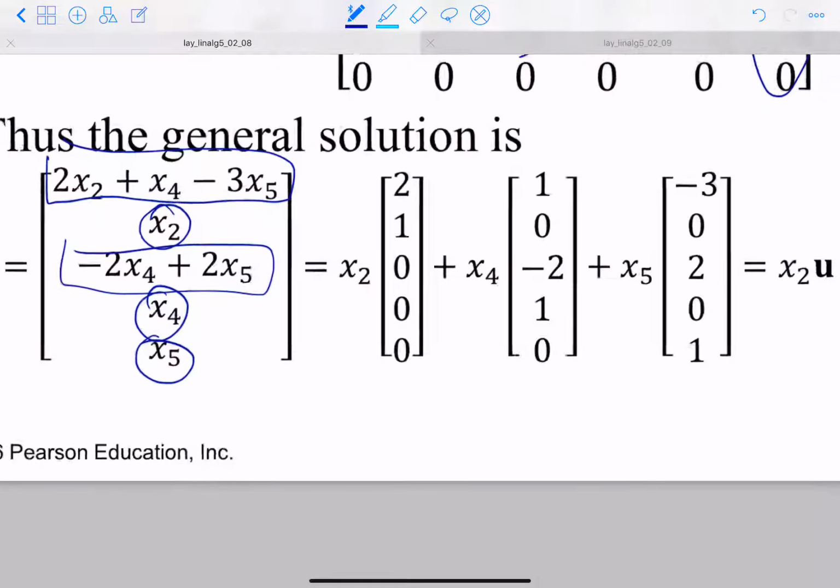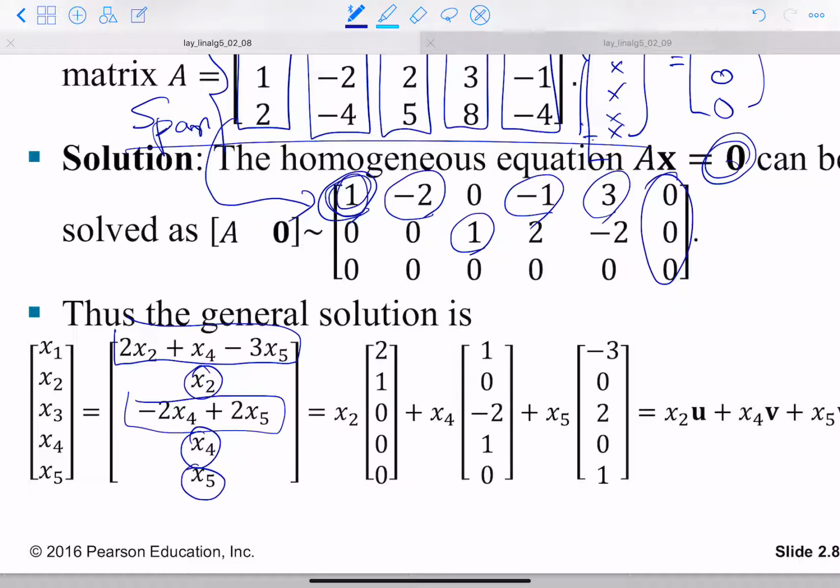Okay, and then the next trick that we apply here is to extract out, or factorize, the free variables, leaving some constant vectors associated with each of our free variables. So x2 is involved over here and over here, right? And so 2 and 1 and 0, 0, 0, and x4, which is another free variable, is multiplied with the 1.